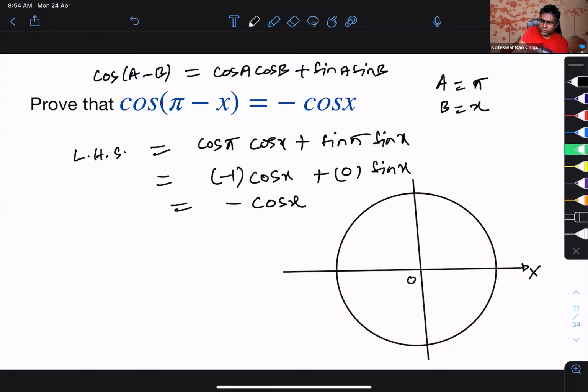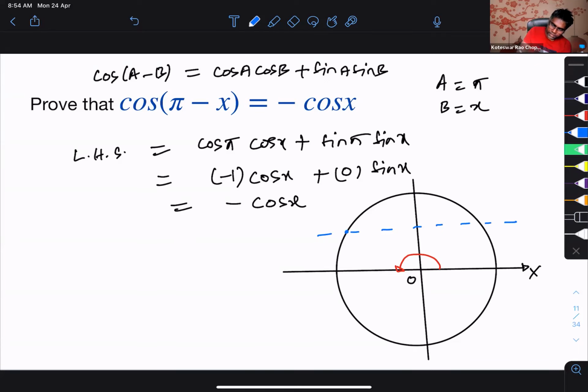If you move in the counterclockwise direction pi radians, and after that you're trying to go minus x, minus x means you're moving in the clockwise direction. I'll place 2 points, taking a horizontal line.